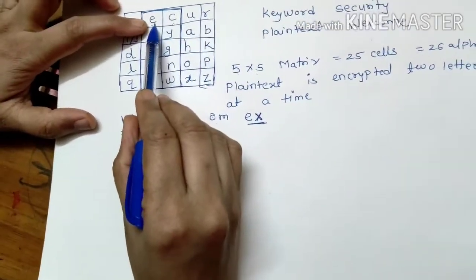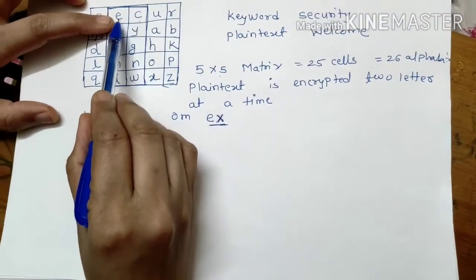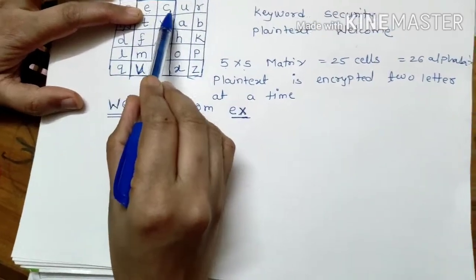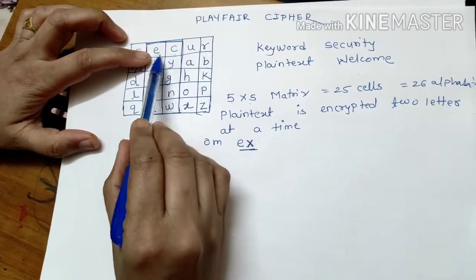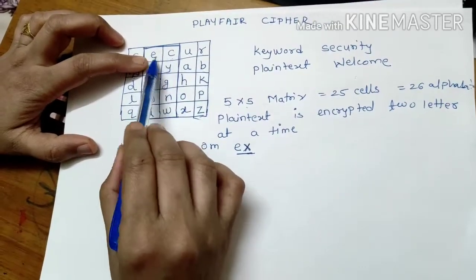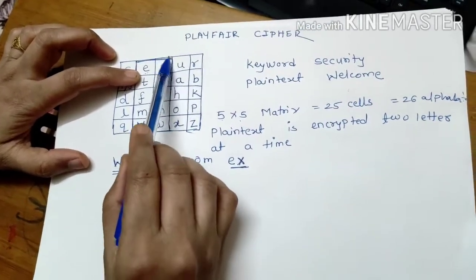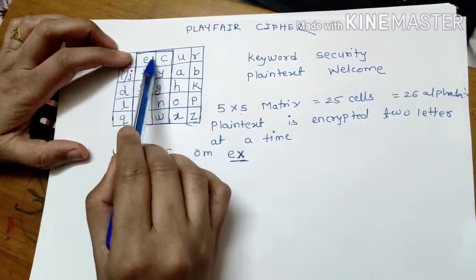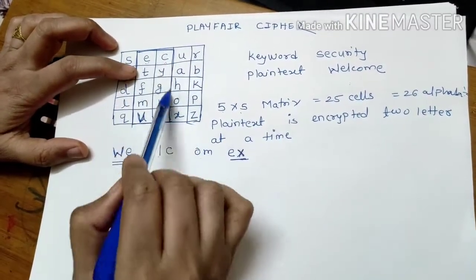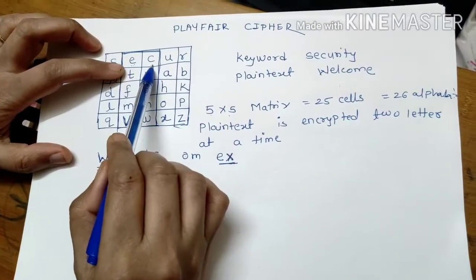We have to replace E with the letter which lies in the same row, at the end of the square. Here your rectangular box is formed with two columns.